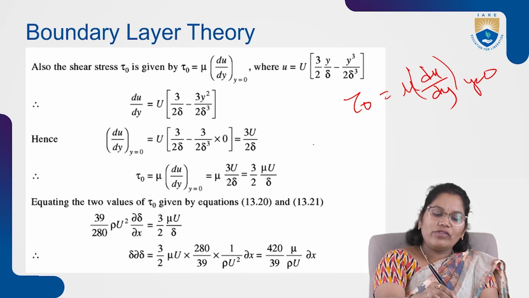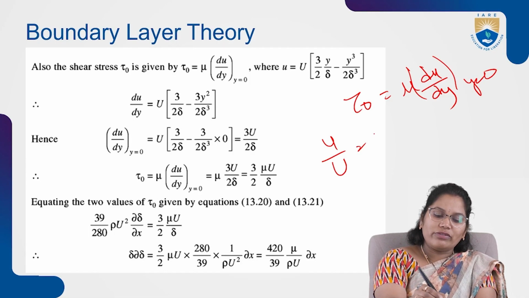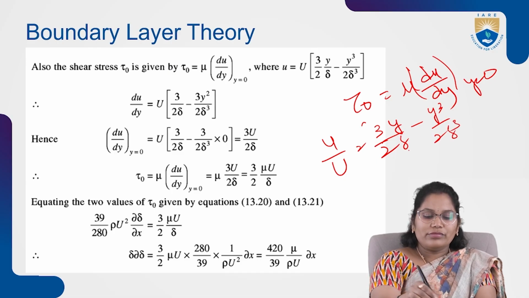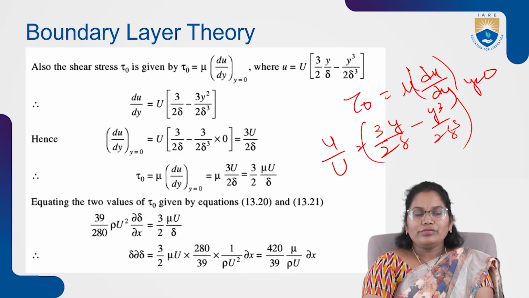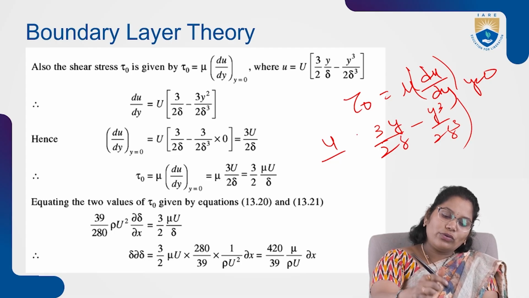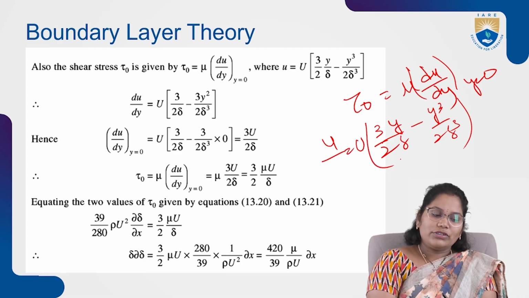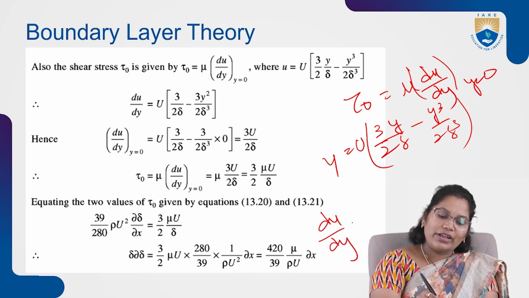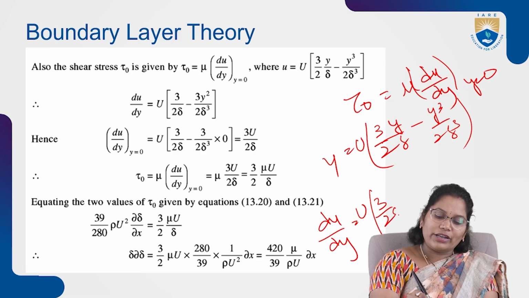So here we already know the term u by capital U is equal to 3 by 2 into y by delta minus y cube by 2 delta cube. Right? So here I am shifting this capital U to the right hand side, and now I am differentiating this u with respect to y.